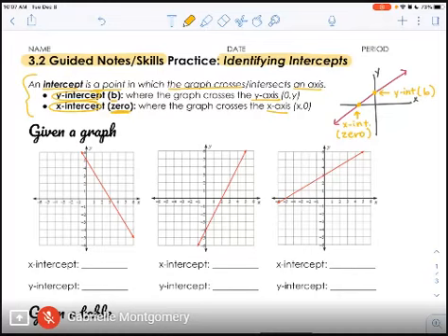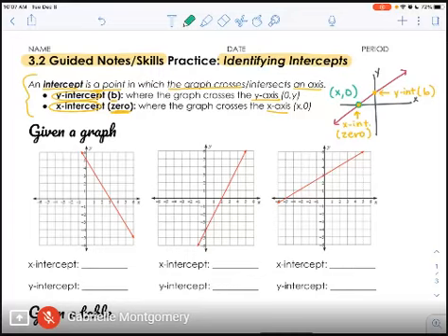One more important idea that we've already discussed, but I want to make it very clear, is that the x-intercept happens at the point (x, 0). The y value of the x-intercept is 0 because there's no vertical change.